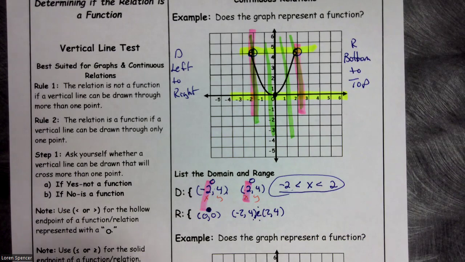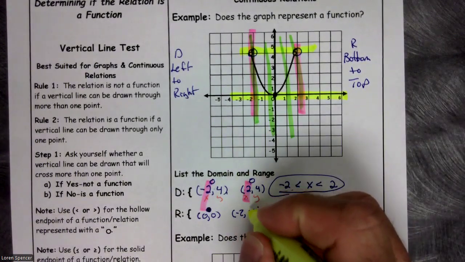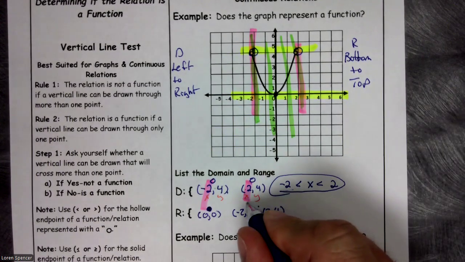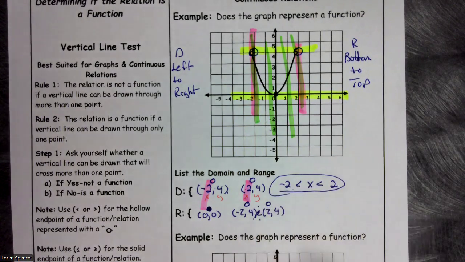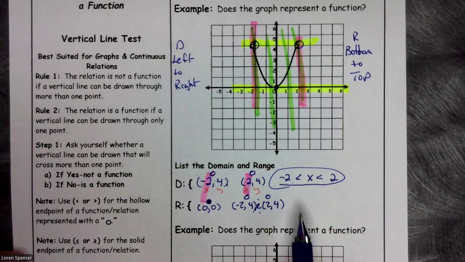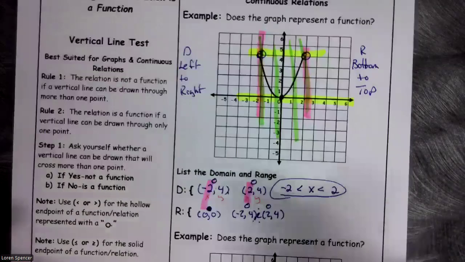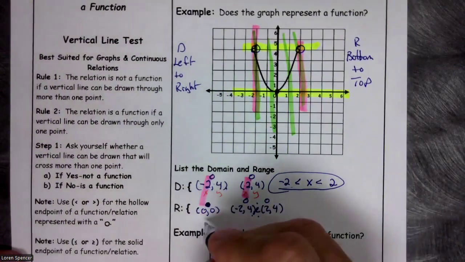Well, if you notice, both of these are a 4, so we know it's going to be 4. And both of them have a hollow. So with that being the case, once again, we label our X's and our Y's.